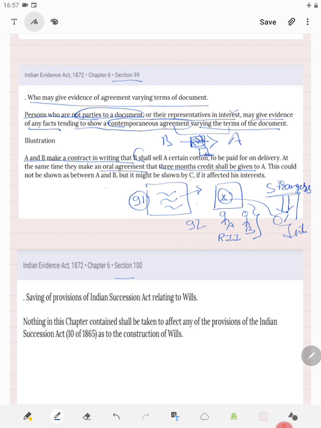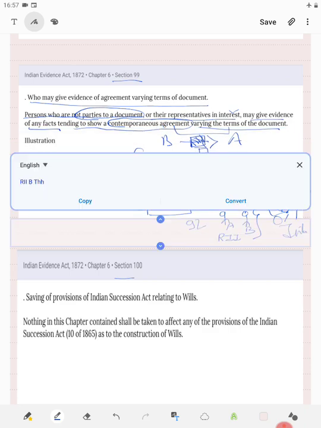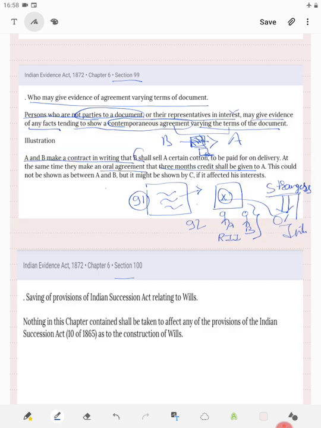So the written document binds the parties and their representative in interest, but strangers who have an interest in it can always give evidence that there was a contemporaneous agreement to vary the terms of the document. For parties, they will have to make a written agreement as such.